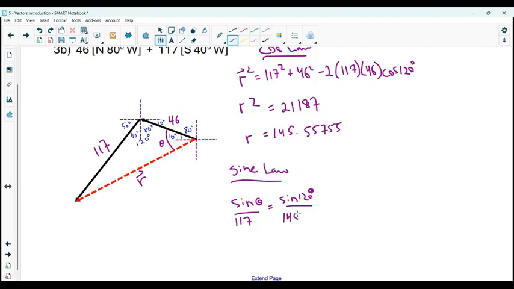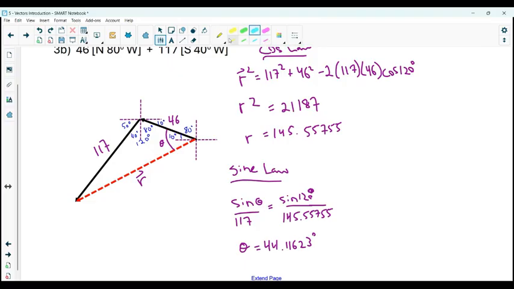It was 145.55755. So I've done my matching there. Okay, so I'm going to rearrange all of this. We're going to multiply the 117 over, take the sine inverse of this, and we're going to end up with an angle of theta equals 44.11623 degrees.